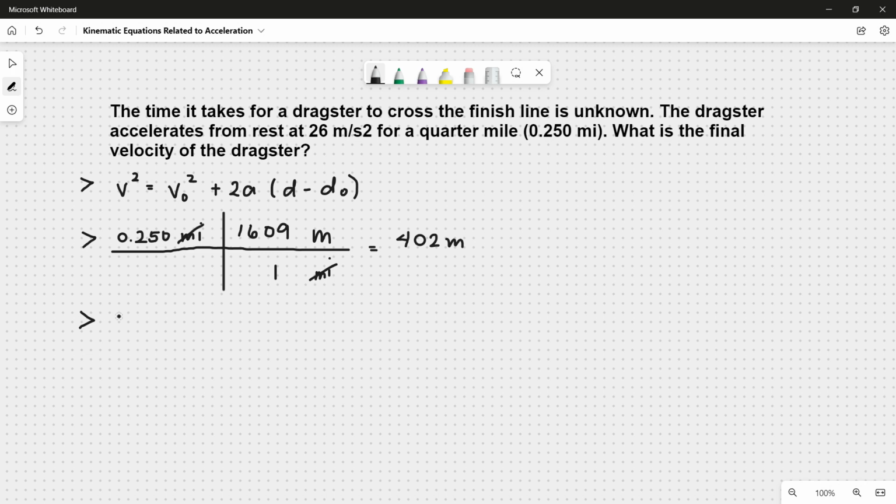Next is we need to identify the known values. We know that v0 is 0 since the dragster starts from rest, and we know that the distance traveled is 402 meters. Finally, the acceleration is constant at a is equal to 26 meters per second squared.